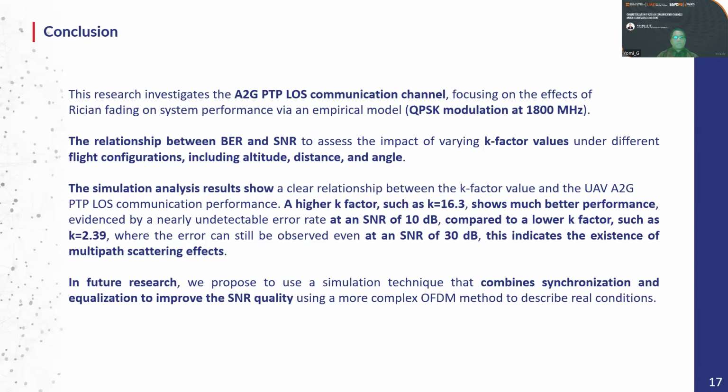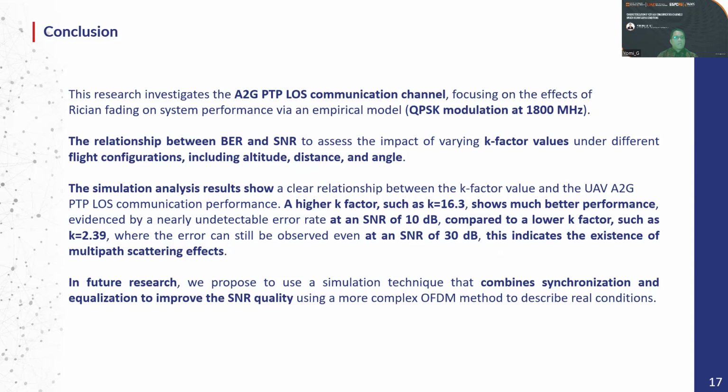Next, conclusion. In conclusion, the research investigates the A2G point-to-point LOS communication channel using QPSK modulation at 1,800 megahertz. The relationship between bit error rate and signal to noise ratio is observed for K-factor values under different flight configurations, including altitude, distance, and angle.